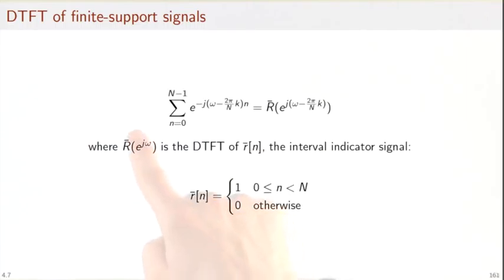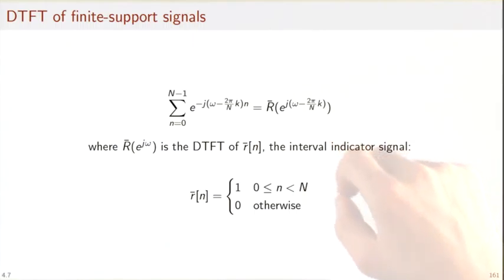The key is therefore this expression between parentheses, this finite sum with the exponent omega minus 2 pi over N times k, and this we denote by r over bar with the shift to the location omega minus 2 pi over capital N times k.